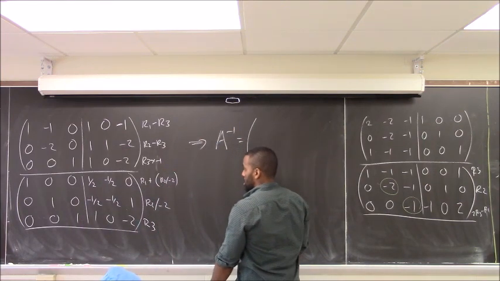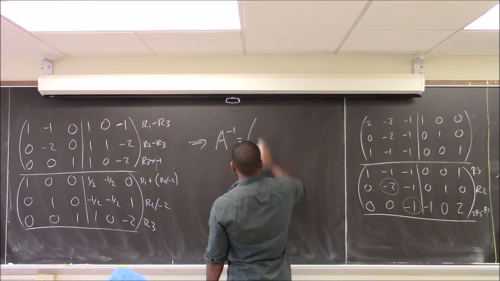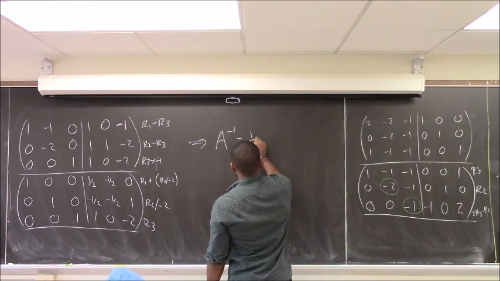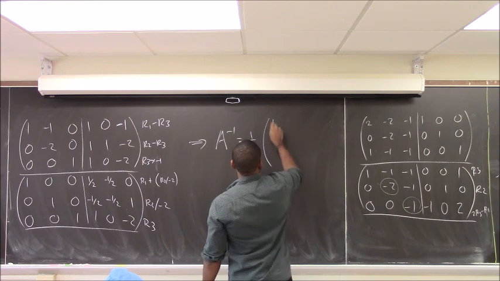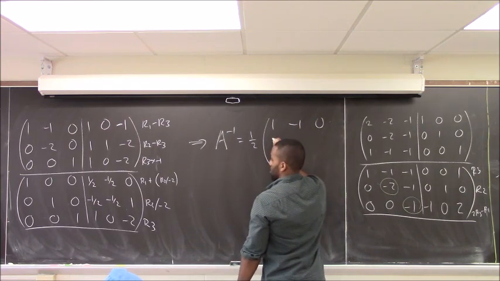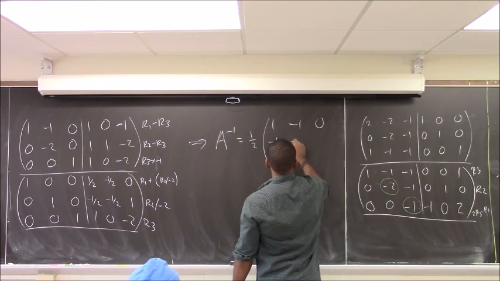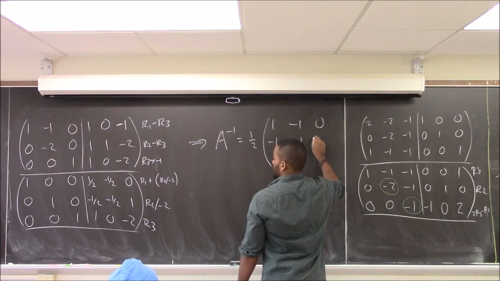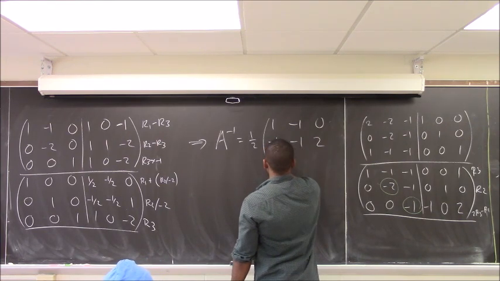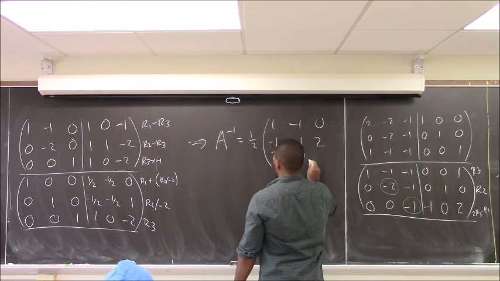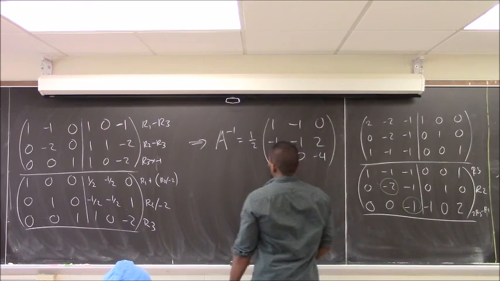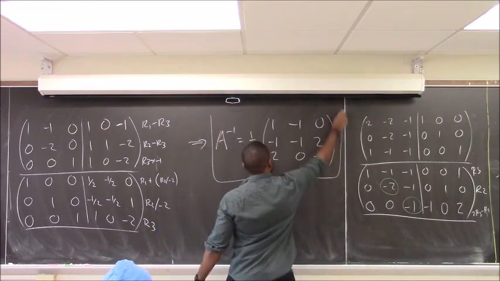Notice that the identity is on the left, so this is my inverse. You can factor out a half. That's my guy.